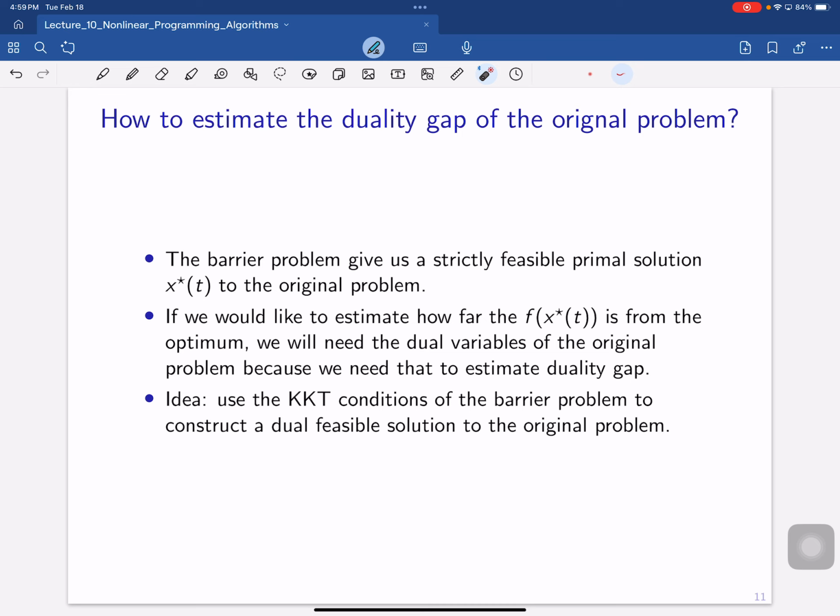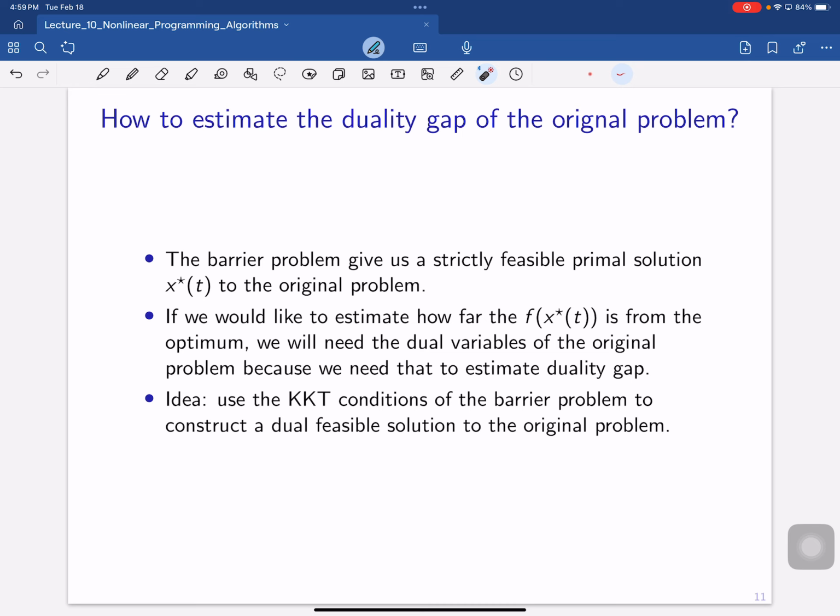But if you don't want to run simplex to termination, you can have a dual solution. If the primal bound is close enough to the dual bound, you can terminate. But here, even in theory, we cannot terminate in a finite number of steps if we just focus on the primal of the log barrier problem.